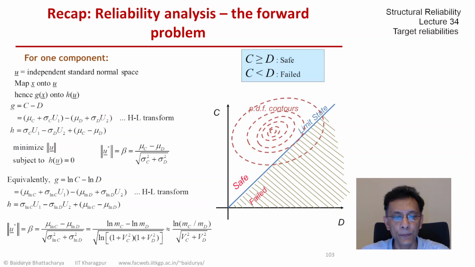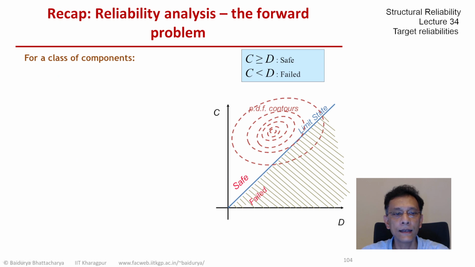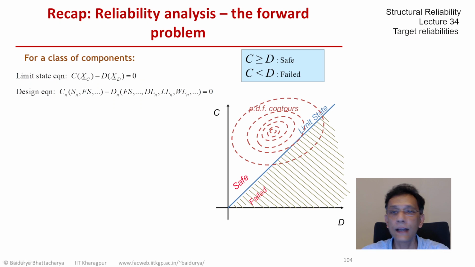Now, if we do this for a class of components, then we have seen this already, which is very helpful, is to normalize the limit state with the design equation. So now we have a set of components that have been designed to a certain standard, and we want to find out what the implied reliability is in that design equation.